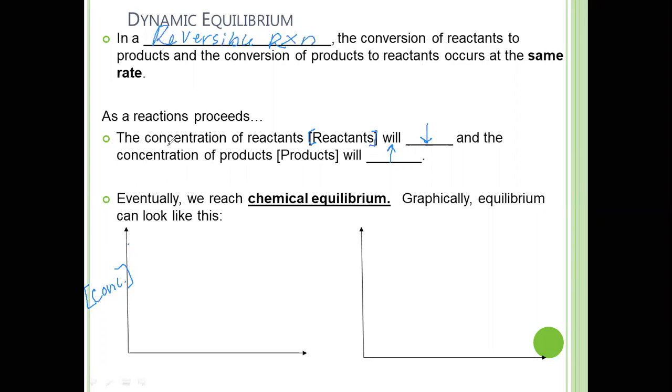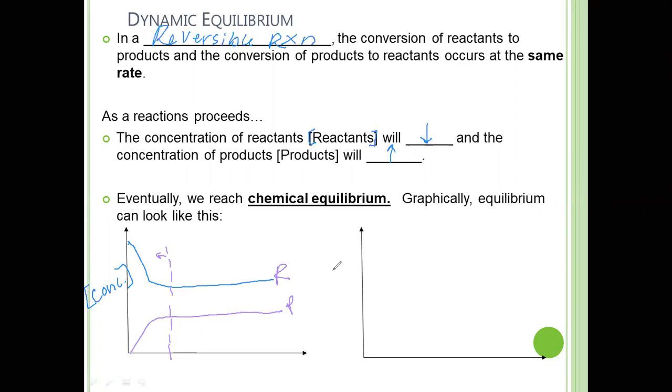Okay, so reactants decrease, and so this is reactants, and products increase. So equilibrium is reached where the amounts level off. It should probably be a little bit over this way, but you get the point.